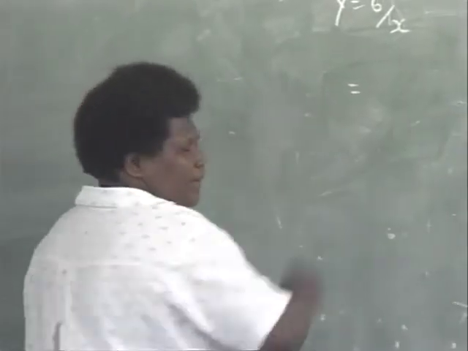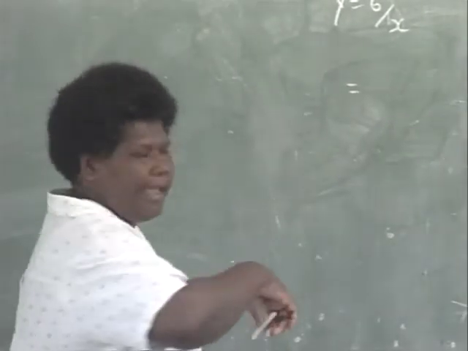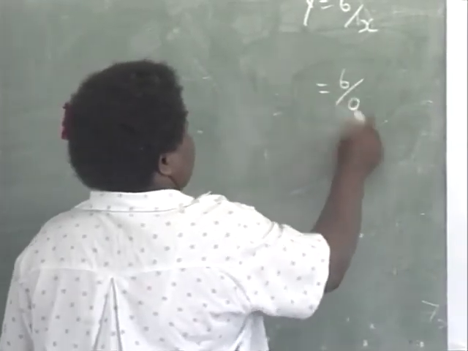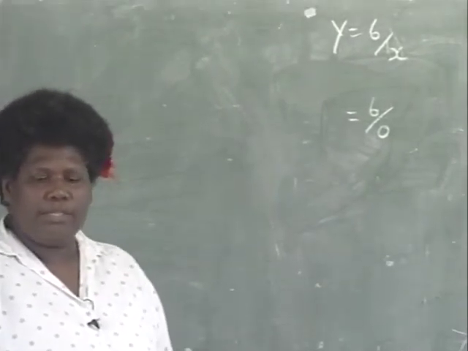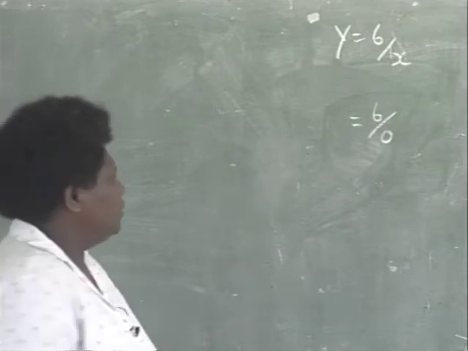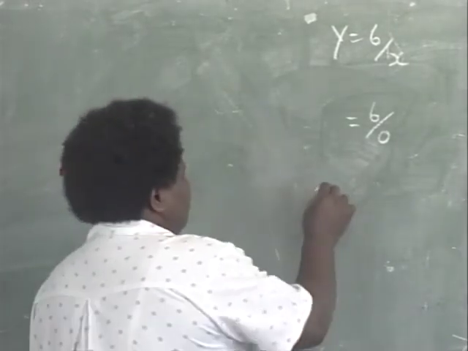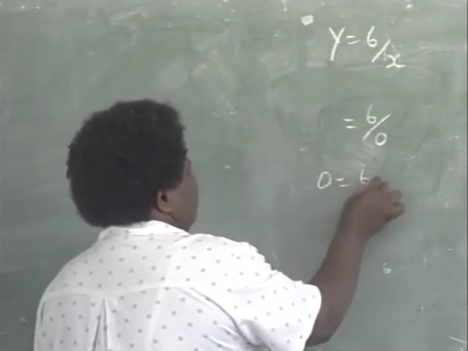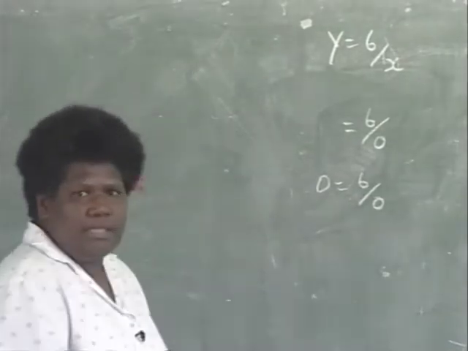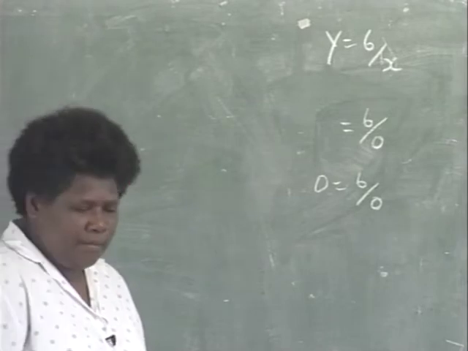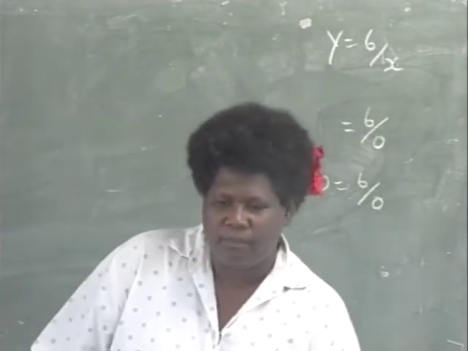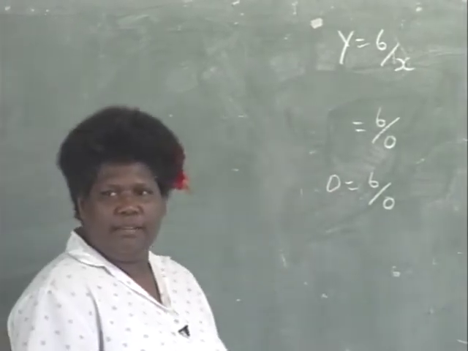Okay, if I wanted to find the value for y when x is 0, what is 6 divided by 0? 0? You are telling me 6 divided by 0 is 0. Who told you that? Is that what they told you in grade 9 and grade 10?